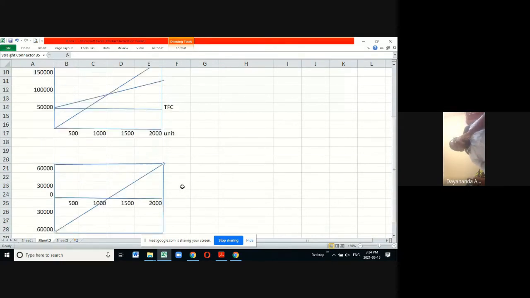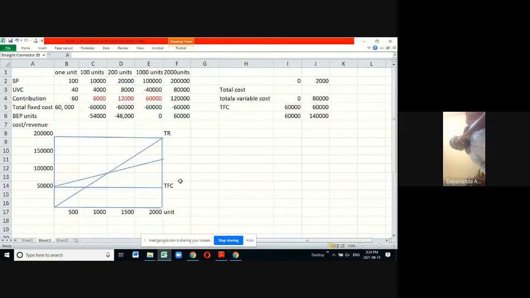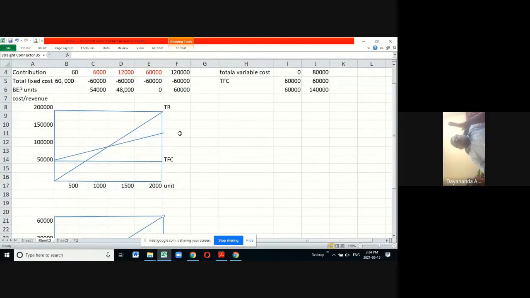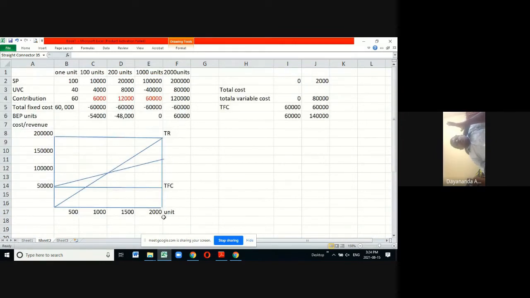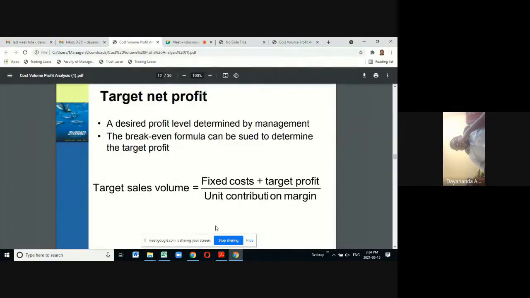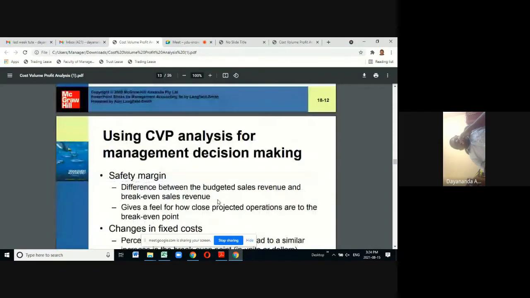Is it clear? How to draw profit line and this graph? Very simple. If you know the maximum profit in our chart, maximum අපි 2000 ගත්ත නිසා maximum profit is 60. The maximum loss is at zero sales. එතකොට fixed cost එකට සමාන වෙනවා. Right. Shall we go to the next one?